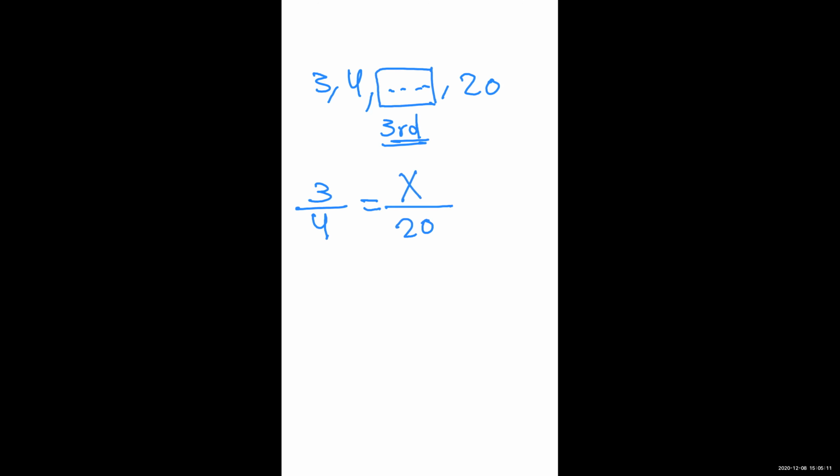Now, how to get the value of x? We said that the product of means equals the product of extremes, like cross multiplication. So this means 3 times 60 equals 4 times x.